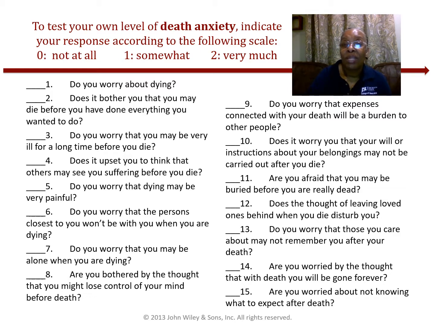Please rate yourselves on a scale that you've seen on a slide, being 0, not at all, 1, somewhat, or 2, very much. Then take time and add up your score, and then I want you to compare it. The national average has been seen to be around 8.5 in terms of this scale.